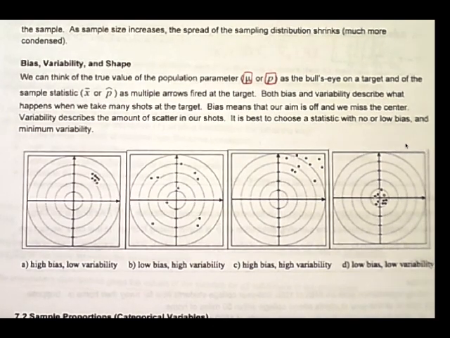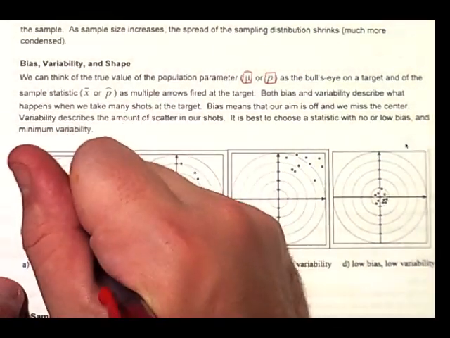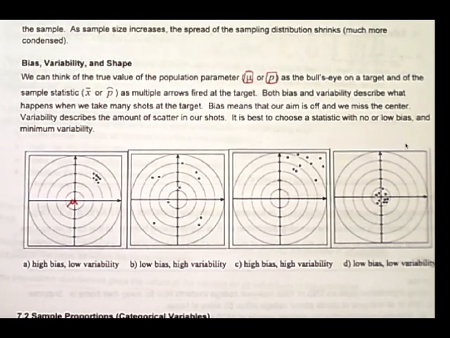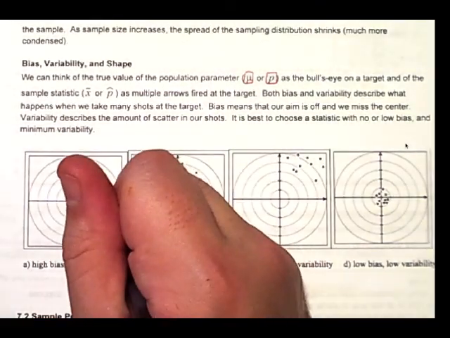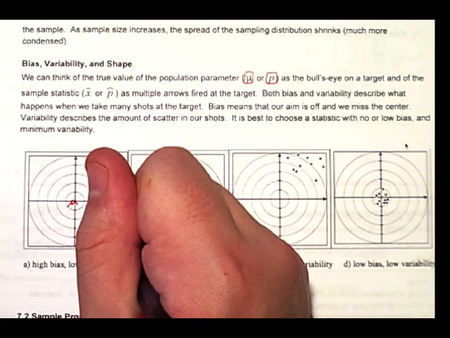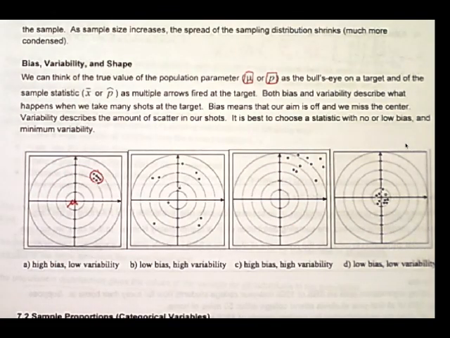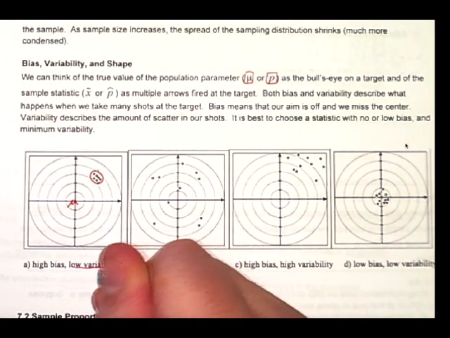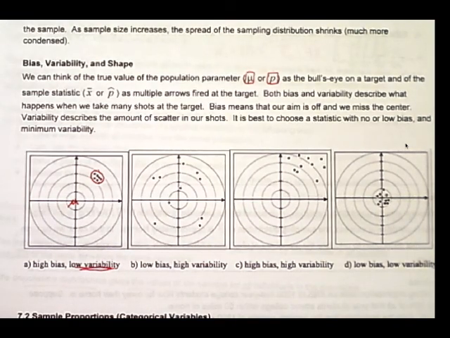So when we look at the first one, imagine mu to be right there in the bullseye. Each of these dots represents where an arrow landed. They're all fairly close together, which means that I'm precise. In other words, there's not much spread. I keep hitting the same place.